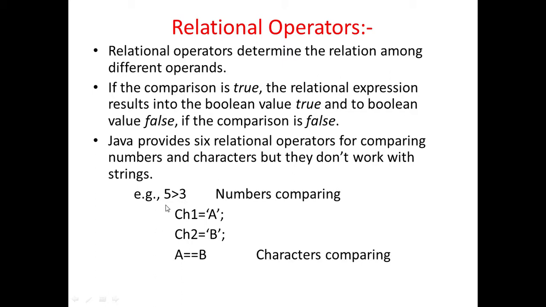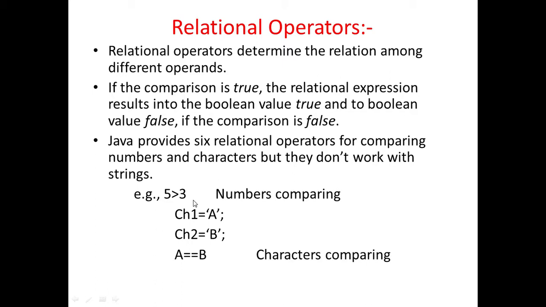Now I will write 5 and then I will write the greater than sign and then I will write 3. Now the computer will check, is my condition correct or not? So is it true that 5 is greater than 3 or not? Is 5 greater than 3? Yes, sir, and it will give a true or false value.